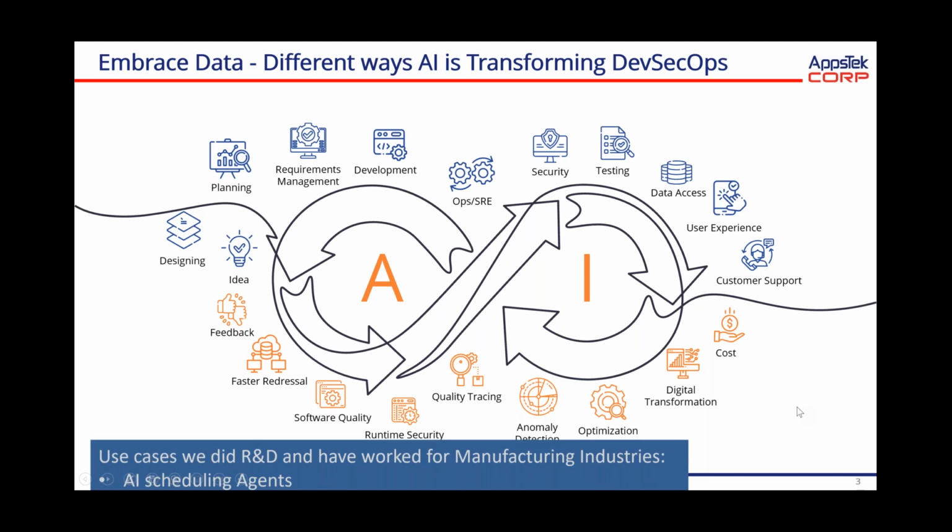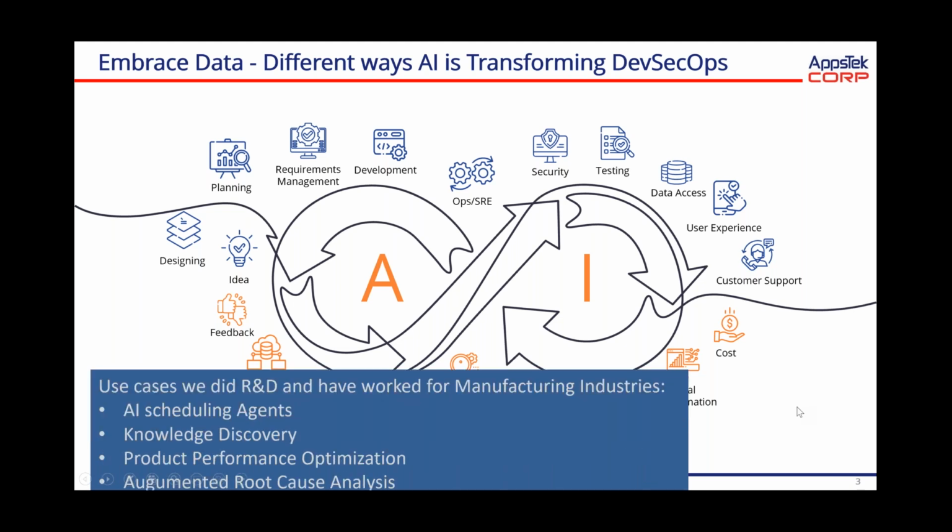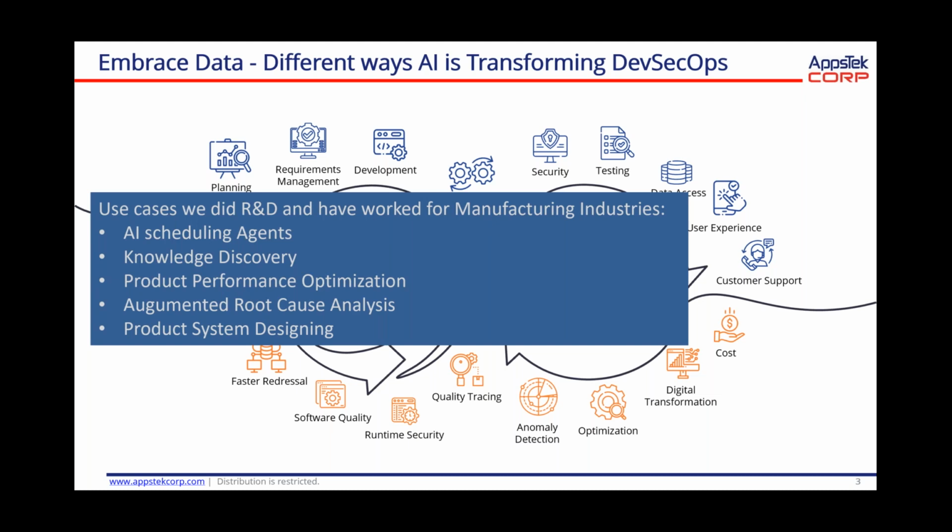So now, while we are so focused on AI within the software space, Abstract is also partnering with some of our manufacturing industries on how we can build AI within their space as well. Scheduling agents is more of an optimization problem, where we are talking about how you optimize your entire supply chain with all the supply chain disruptions. Knowledge discovery: where and how you can make changes.